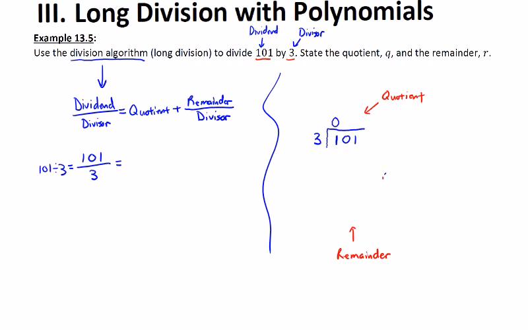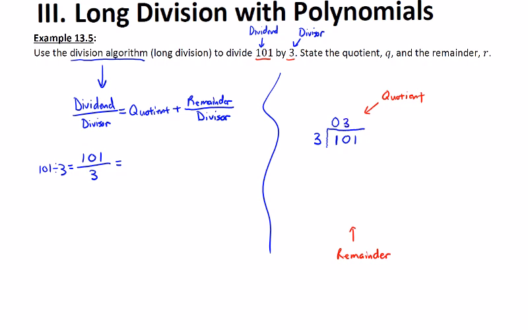After that, we need to look at a bigger piece. Let's look at 10, the 1 and the 0 next to each other. Think of it like it's a 10. How many times does 3 go evenly into 10? Well, that would only be 3 times.